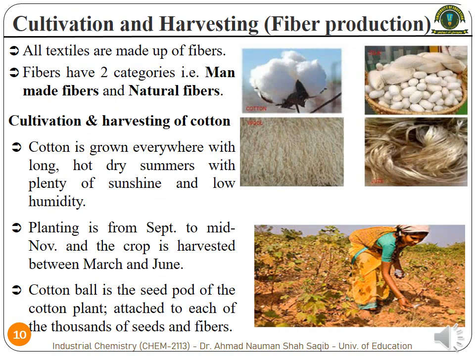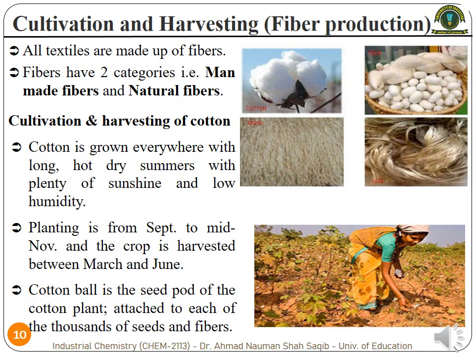First step is the cultivation and harvesting of cotton, or the production of fiber. So normally, if we talk about the raw material for the textile, we have two kinds of material. They can be natural or man-made. Man-made fibers can be of different types, and for natural fiber we mostly use cotton.